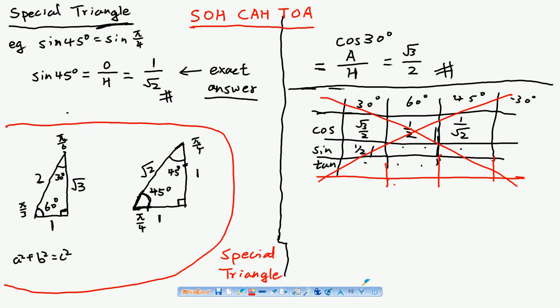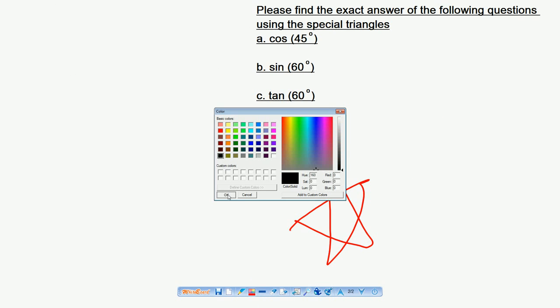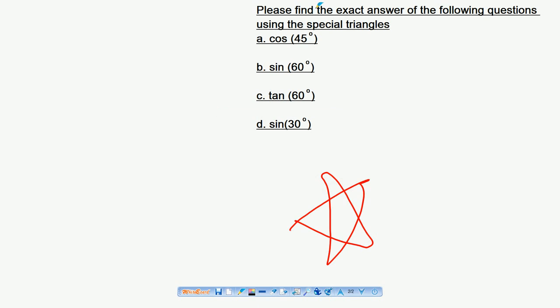Okay. Now let's look at some examples. In this question, they ask us to find the exact answer of those things, so we have to draw a special triangle.